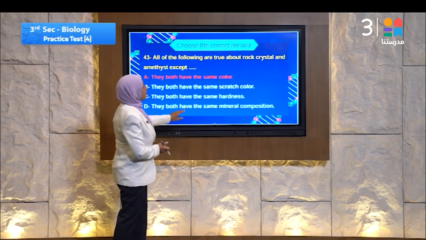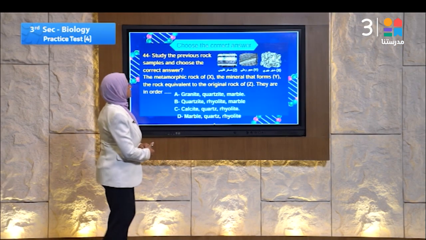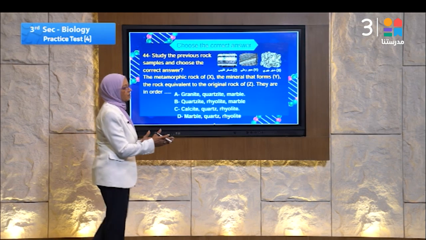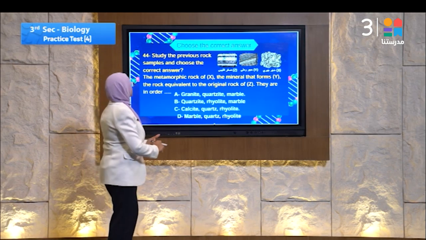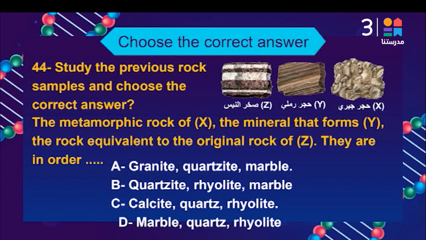Let's go to question number 44. Question number 44 speaks about earth science again. Let's go study the previous rocks. The previous rocks are 3 types of rocks, X, Y, Z. It is a limestone, sandstone, and gneiss.